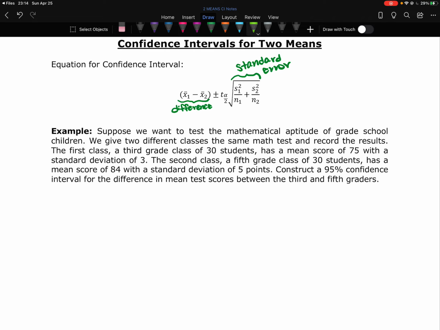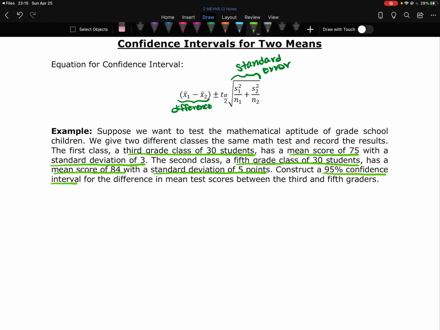So I'm going to go ahead and identify everything. Our third grade class contains 30 students. They have a mean score of 75 and a standard deviation of 3. The fifth grade class contains 30 students. They have a mean score of 84, standard deviation of 5.